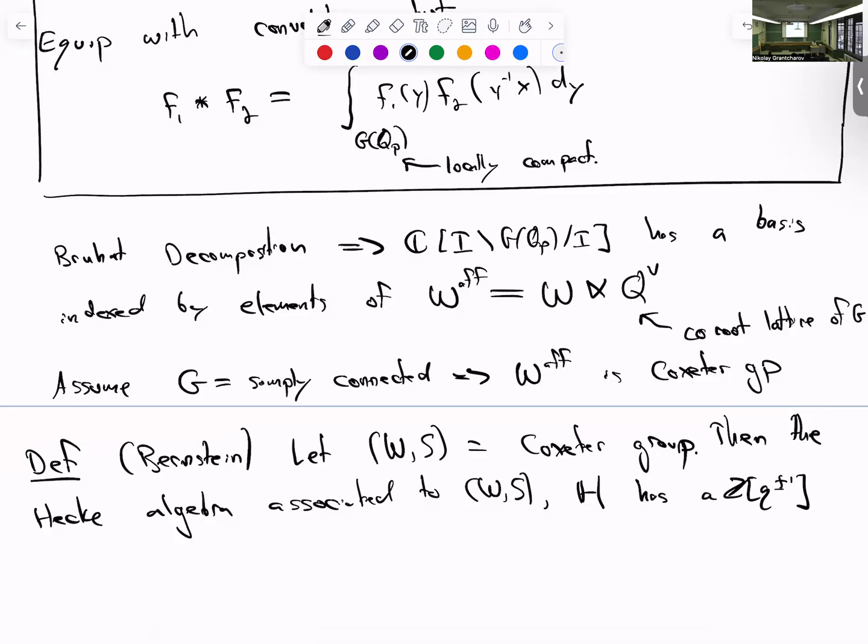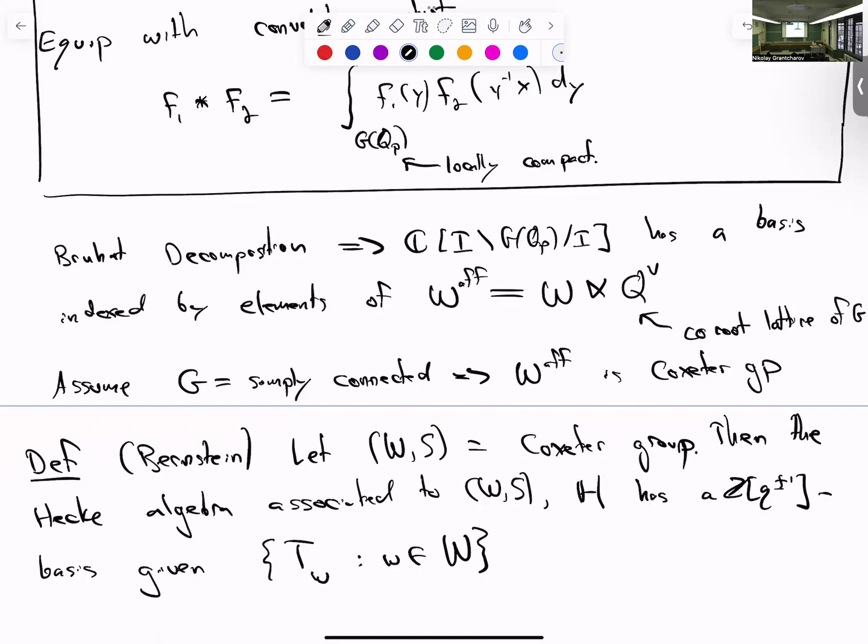So q is thought of as a formal parameter. It's given by these symbols T_w, where w ranges through all elements of the Weyl group.